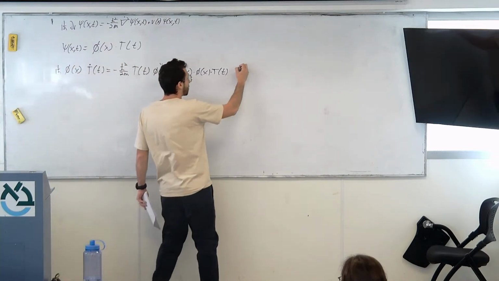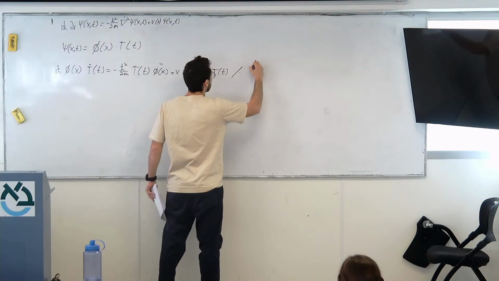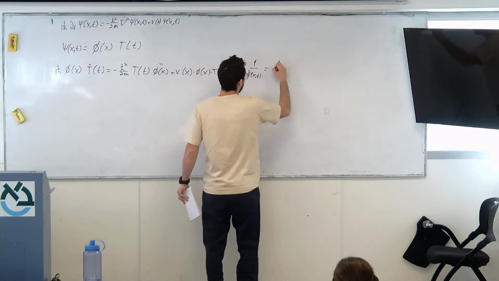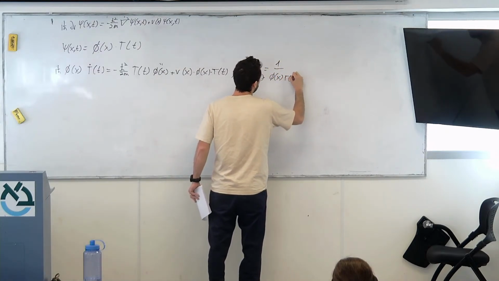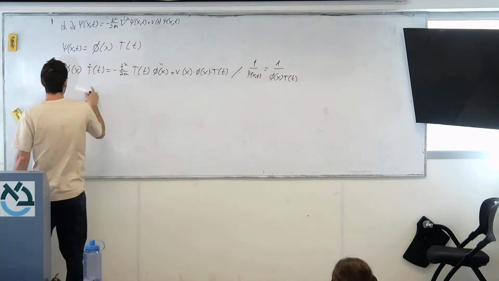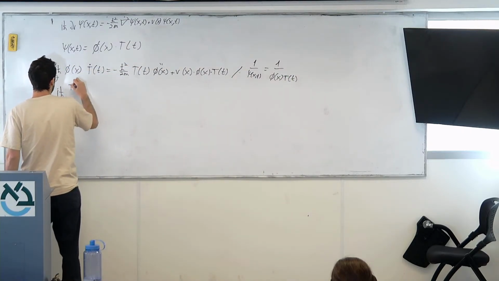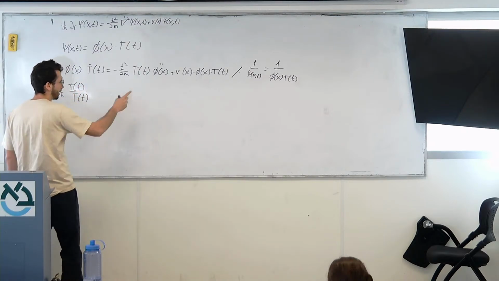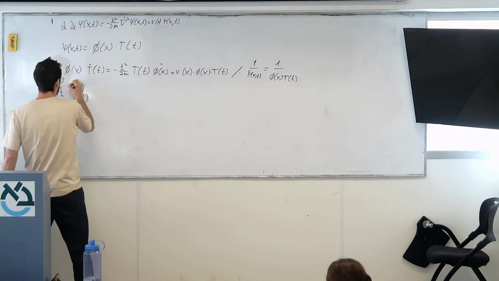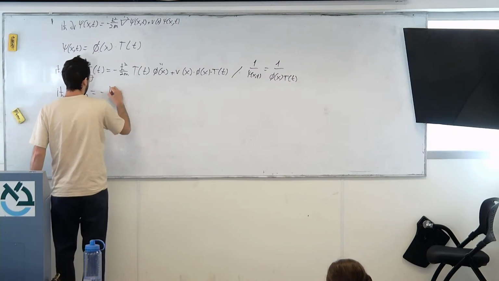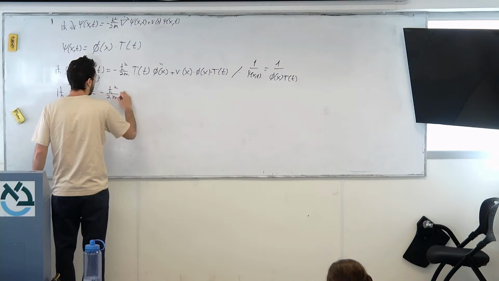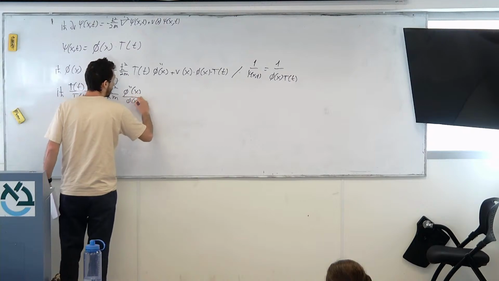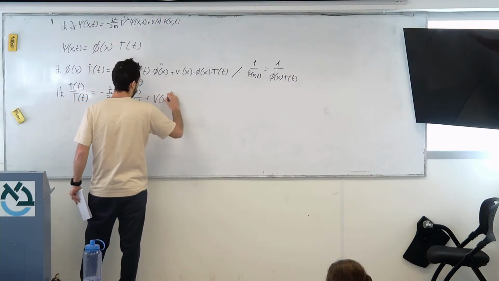We multiply by 1 over ψ, which equals 1 over φ(x)T(t), and we get iħ Ṫ over T, because we divide by T and φ, equals minus ħ² over 2m φ''(x) over φ(x) plus V(x), the potential.